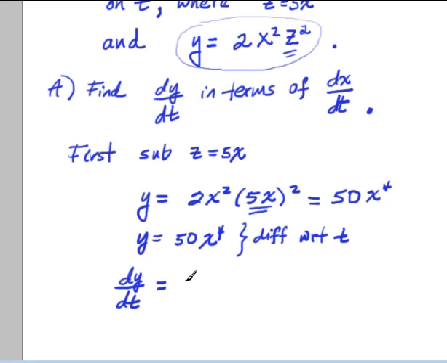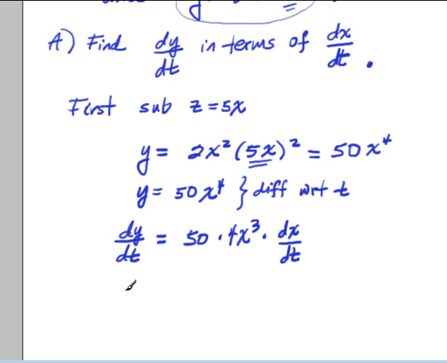All right, so now let's differentiate this side with respect to t. Remember, x is the inner function and exponent 4 is the outer function. So first do the derivative of the outside, that will be 4x cubed. Now the derivative of the inside, that's the derivative of x with respect to time. All right, so there we have it. We should just multiply that 4 times 50 over there. So let's just do that.